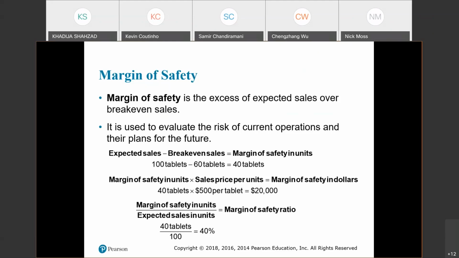Let's assume the company expects to sell 100 tablets. So the margin of safety can be expressed in units, in dollars, or as a ratio.